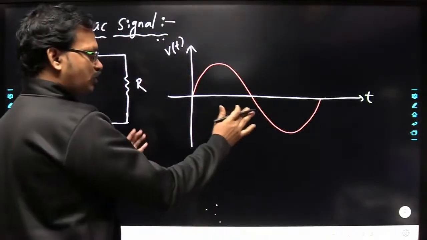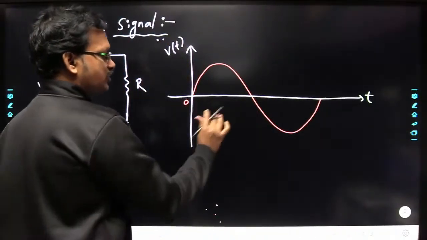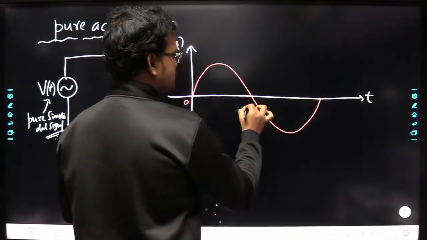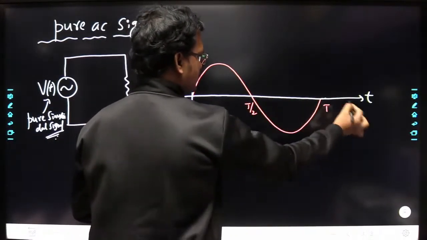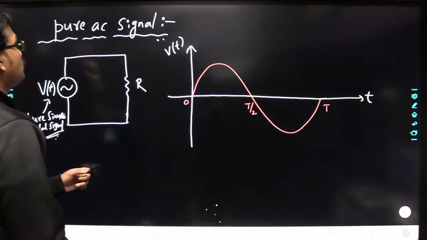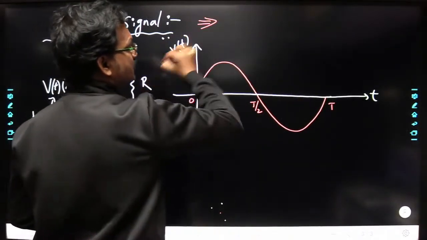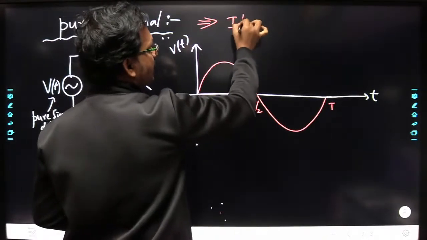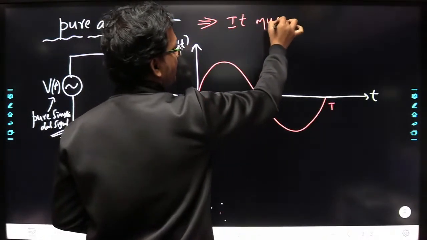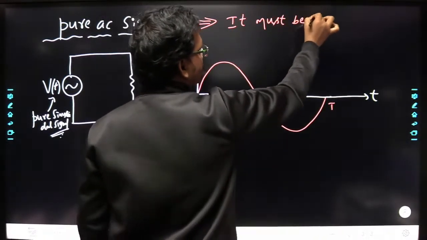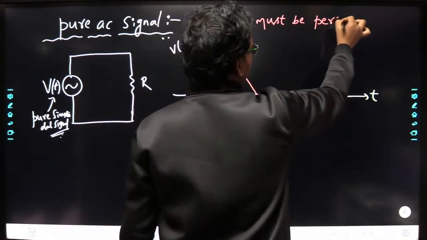I have taken only one period of time here, and it will continue. Let us say this is T by 2 and this is T. For a pure AC signal, the first property is that it must be periodic in nature.